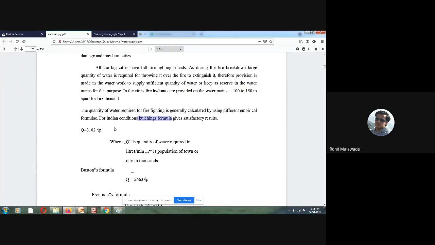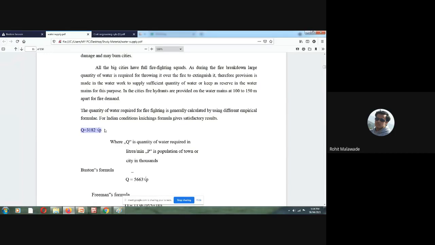Q is equal to 3182 square root P, where Q is nothing but the quantity of water required to fight against the fire accident in liters per minute. This is very, very important as far as examinations are concerned.